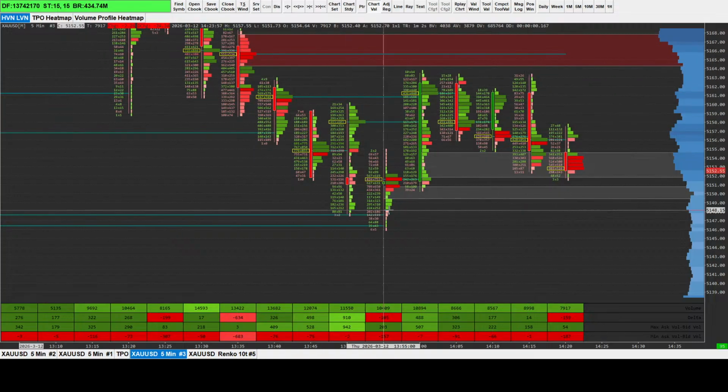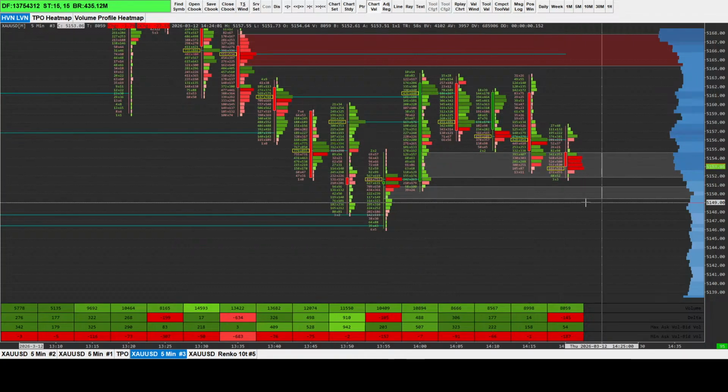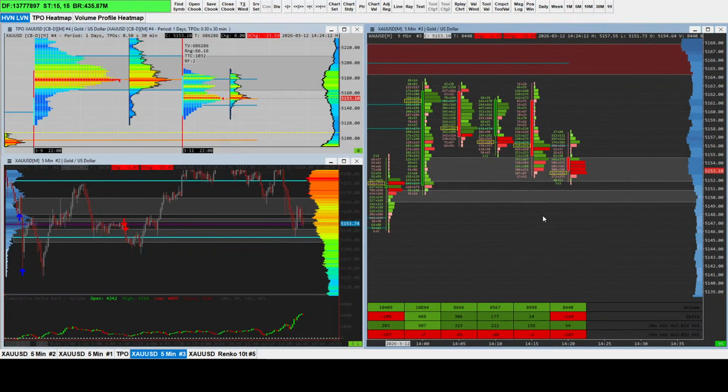So, market came down, started consolidating. Expect a manipulation. Definitely. A manipulation below this is kind of expected. If it happens, it happens. If not, whatever. But manipulation is very highly likely.